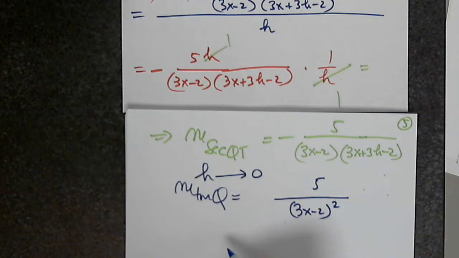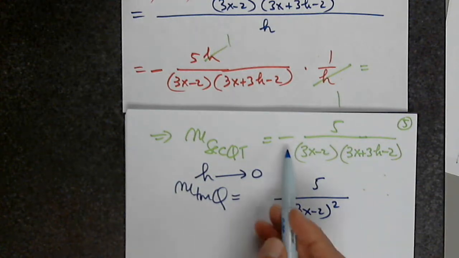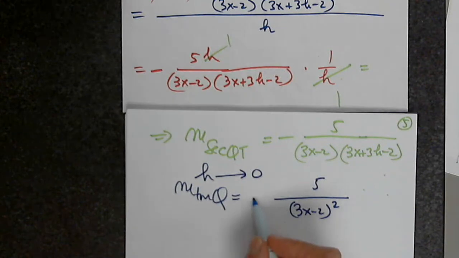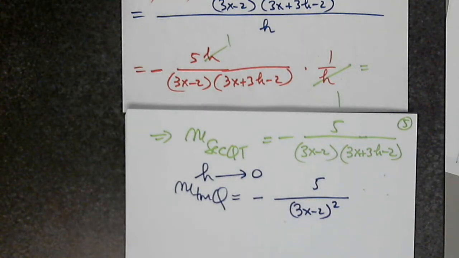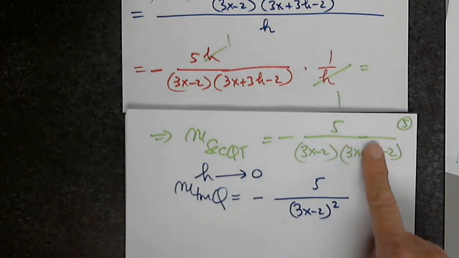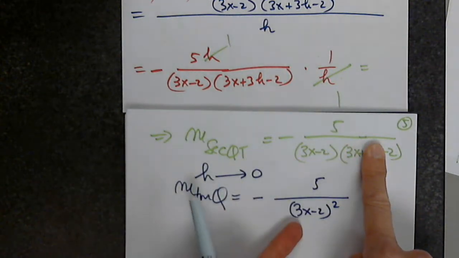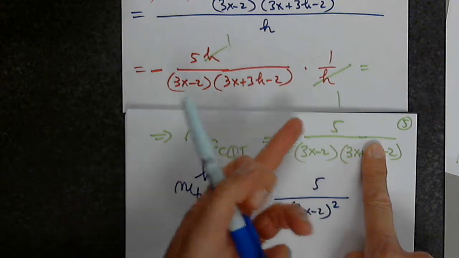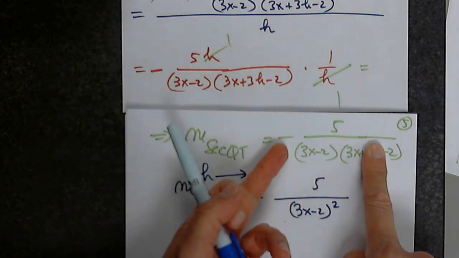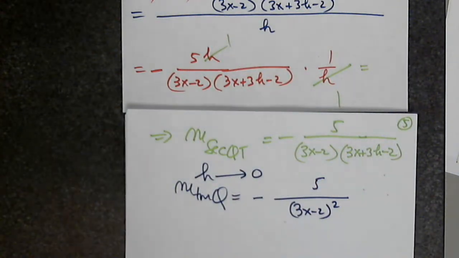What happened to this? Oh yeah, negative 5. Very good. So as h approaches 0, this term must go away. Perfect. 3x minus 2 times 3x minus 2 will be 3x minus 2 squared. Negative stays. We cannot remove any of this. Negative and 5.